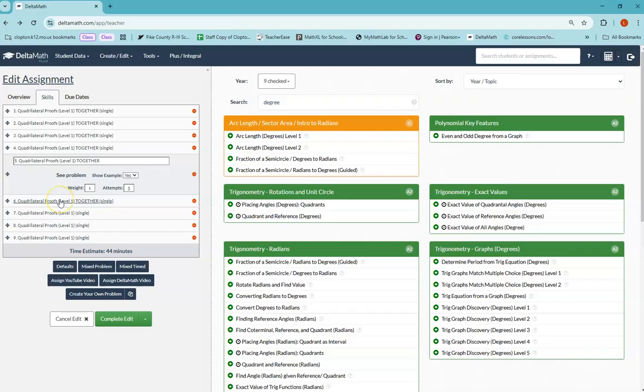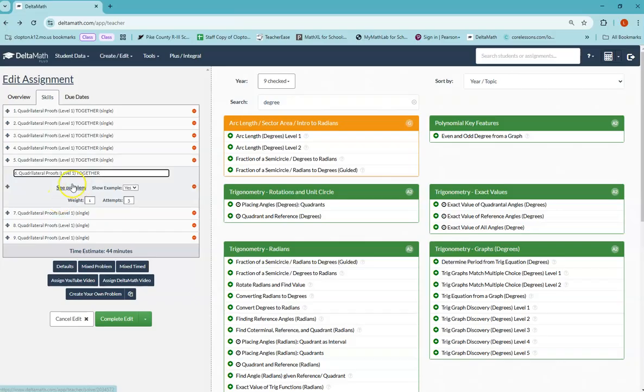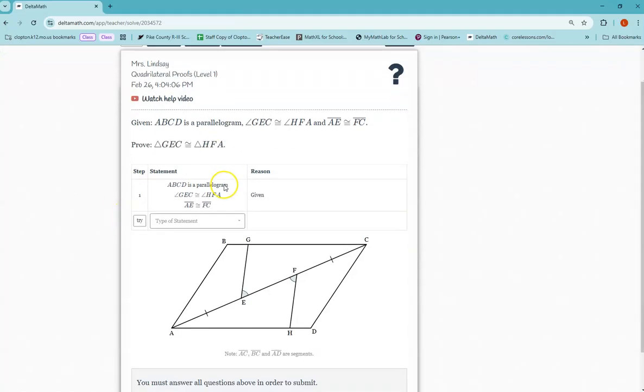Let's work on the last one together, number 6. Let's look at it. So we have a big parallelogram, ABCD. We know that the angle GEC is congruent to HFA, and we know that AE is congruent to FC.